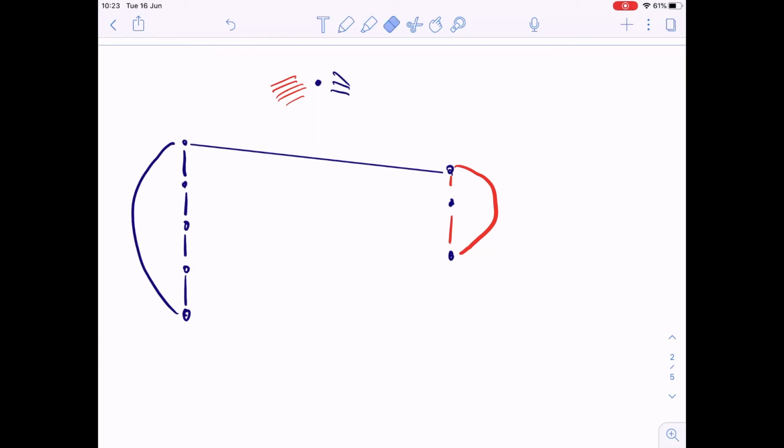If we even shuffled it around, something like this and this, that would still mean that I'd have an R3 with these 3 nodes, because these are also connected in blue. So one key thing from this is I can only have a maximum of 2 blues, and they cannot be adjacent.